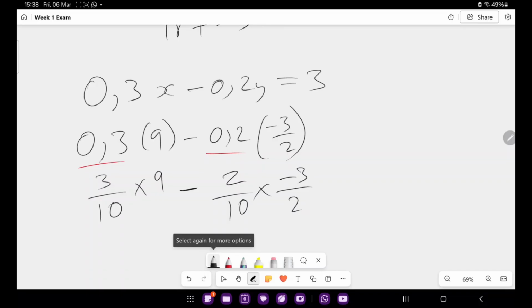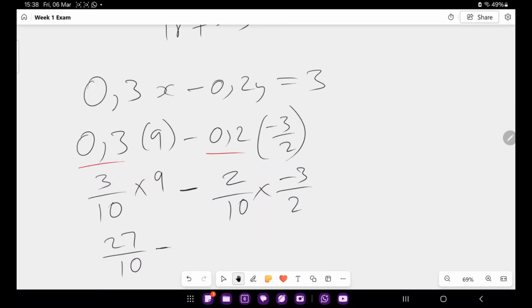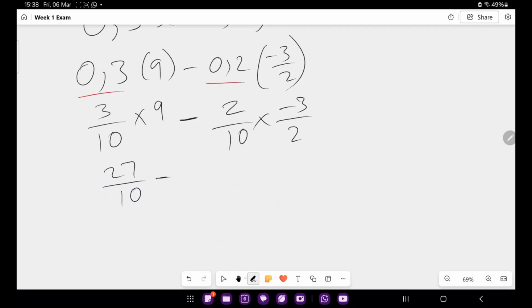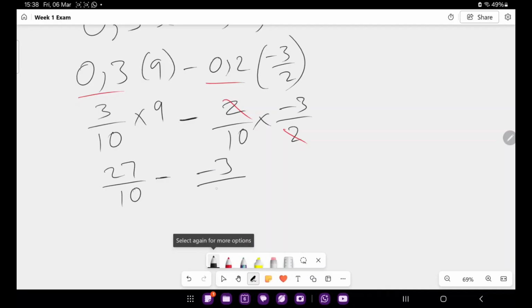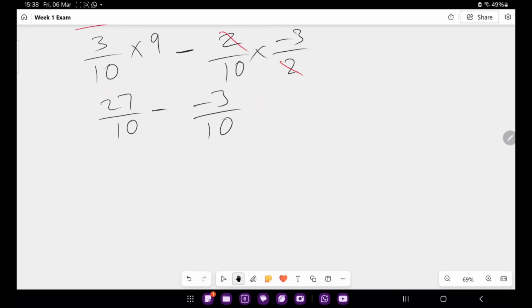Okay, so 3 times 9, we get 27 over 10 minus, here I'm going to cancel this 2 and this 2, then I'm going to get minus 3 over 10, and then 27 over 10. Since they already have the same denominator, we can combine these two.